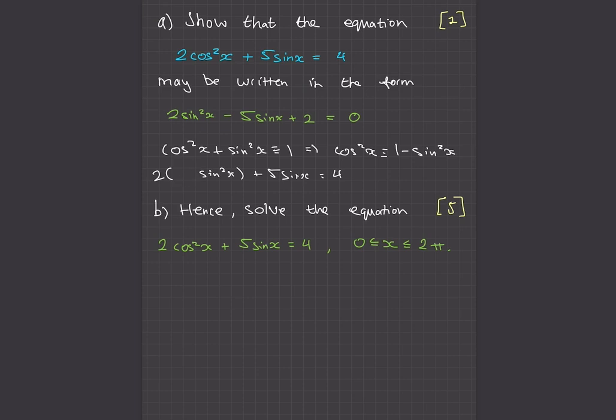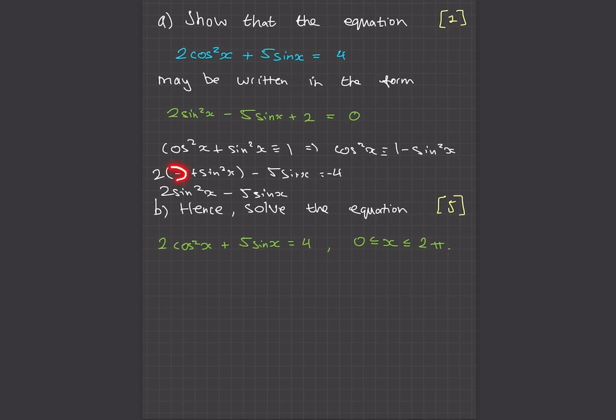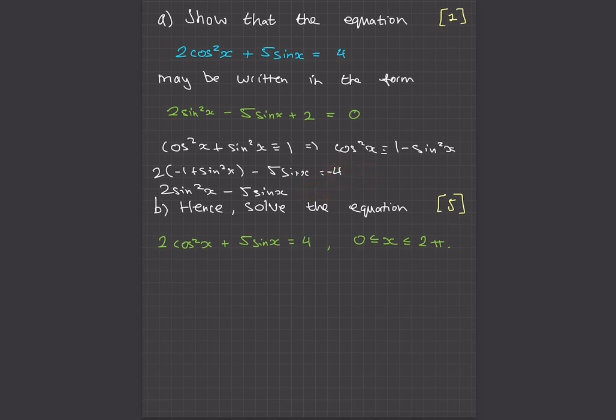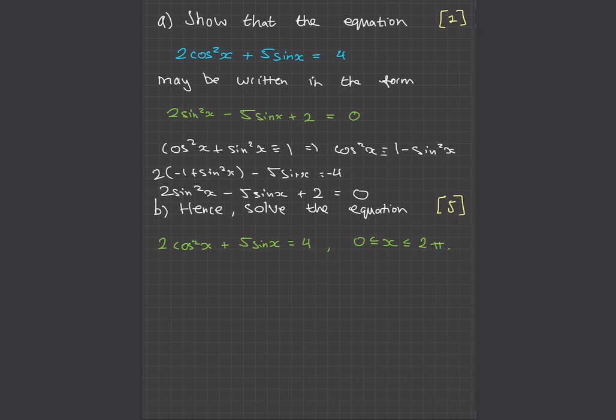So this becomes minus 1 plus, this becomes minus, and this becomes minus. That's going to be 2 sine squared x minus 5 sine x, and then minus 2 here, because 2 times minus 1, but then we're adding 4 on both sides, because we've got to get 0. So it's going to be minus 2 plus 4, so plus 2 equals 0, and we have the same equation.